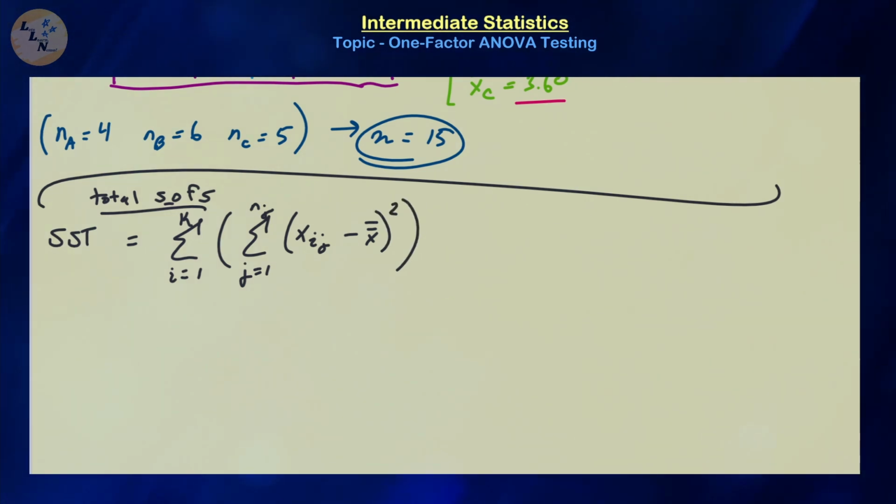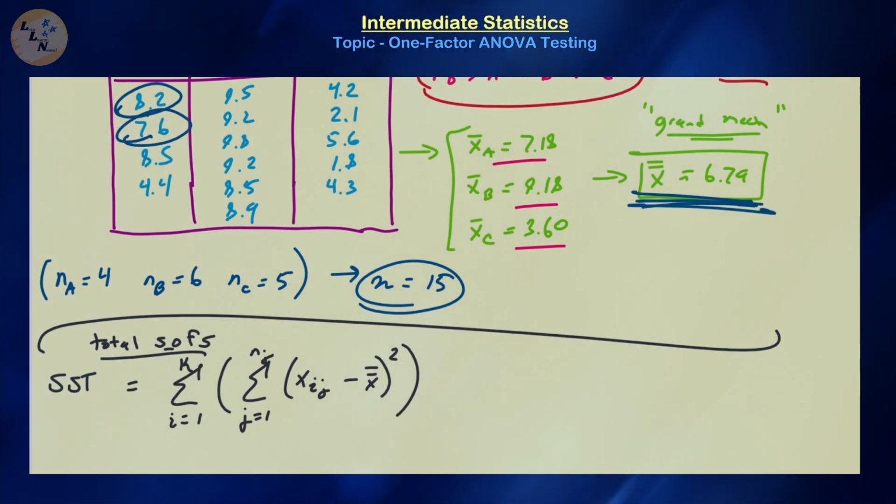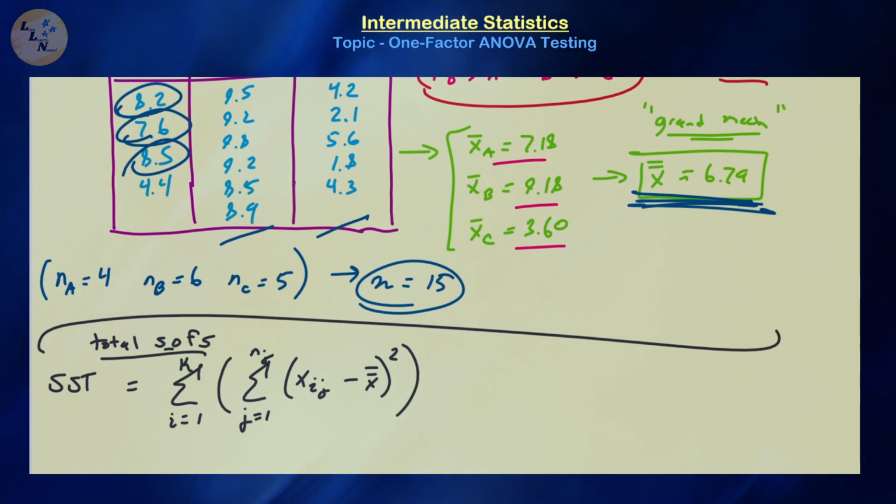Okay? So in terms of how to calculate this, what are we actually looking at? We're going to be looking at the value 8.2, subtract the grand mean, square it, plus 7.6 minus the grand mean, square it. Do that for all the values in category 1, then do the same for category 2 and category 3, and sum up those sums.